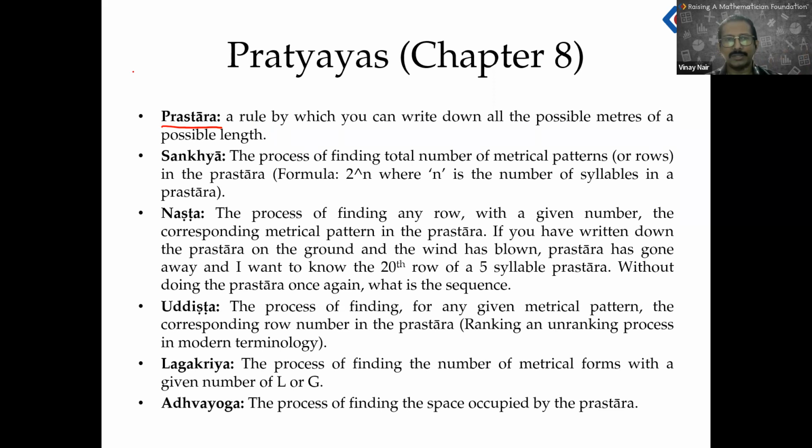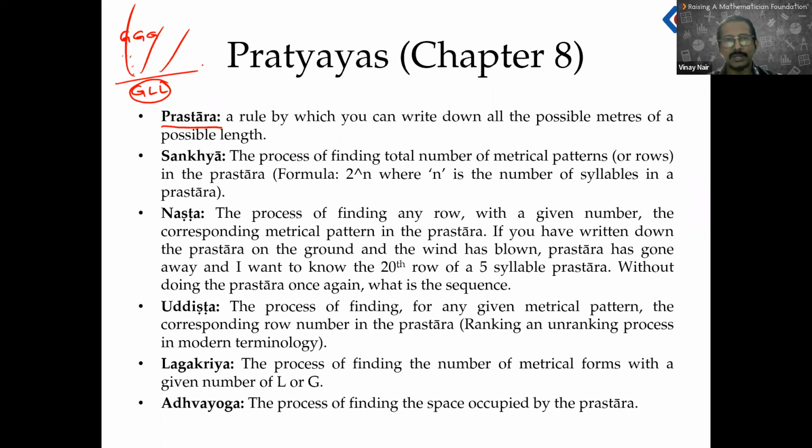So what you have is a certain arrangement. You had started from GGG and written, but then unfortunately this part is gone, and now you have a GLL. Now you want to know which row this GLL comes in.